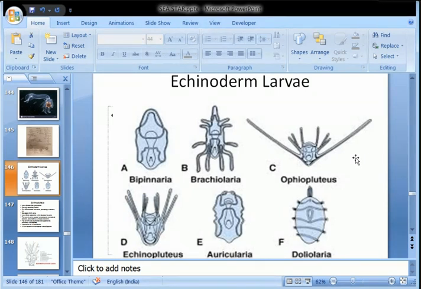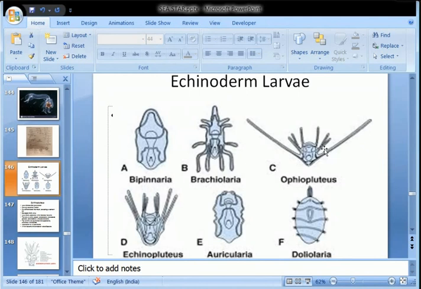Not like starfish or sea star, where arms start broadly and then taper. In the ophiuroids, arms are almost uniform along the entire length. They are of almost uniform thickness. So this is the larva. Ophiopluteus larva is of the ophiuroids.